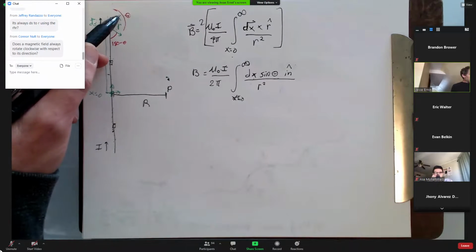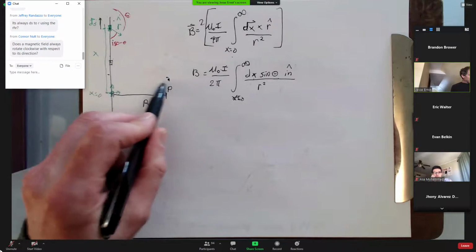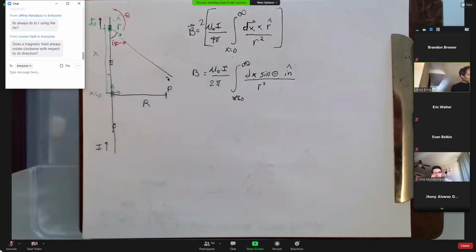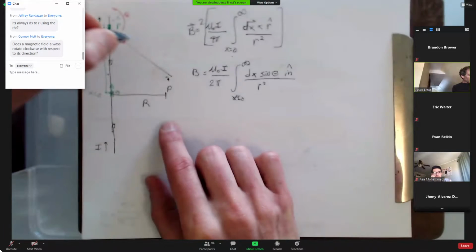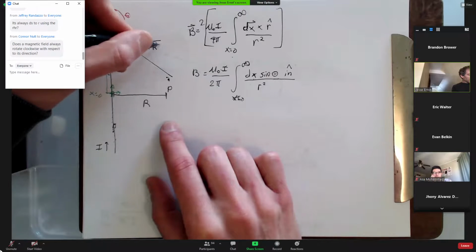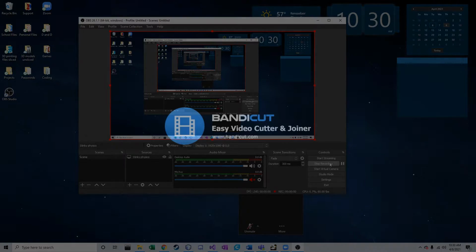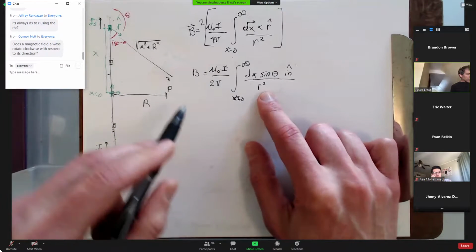So we need sine of this, which is the same as sine of that. And sine of this is going to be this over this. And this length is going to be the square root of x squared plus r squared. Okay, so let's just rewrite this.